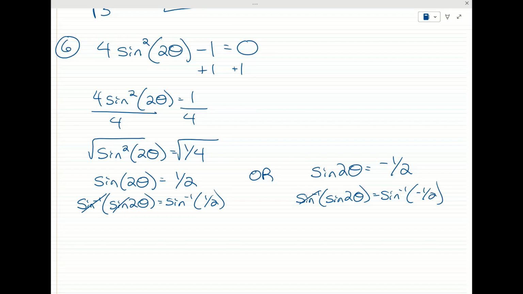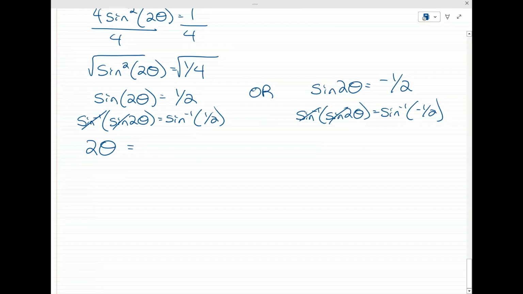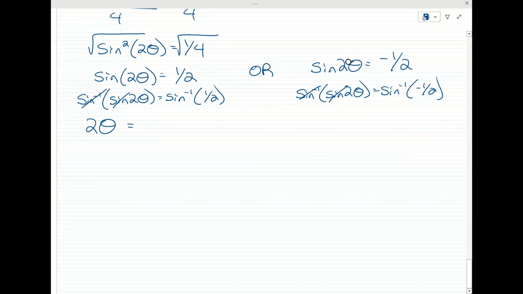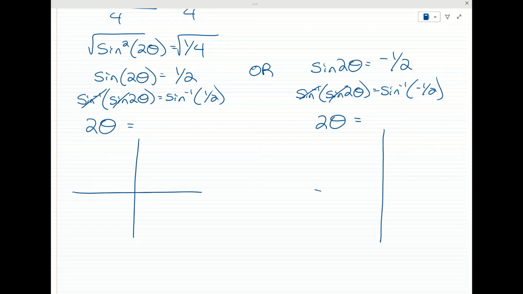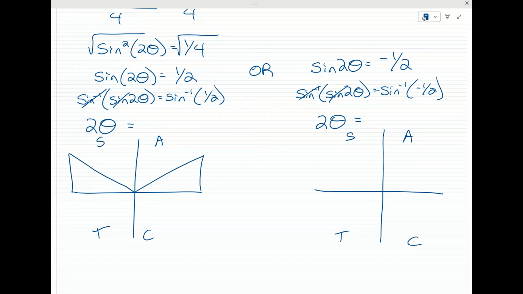And let's see what this gives us. 2 theta is equal to, well, if all students take calculus, sine is going to be positive in quadrants 1 and 2, and it'll be negative in quadrants 3 and 4.